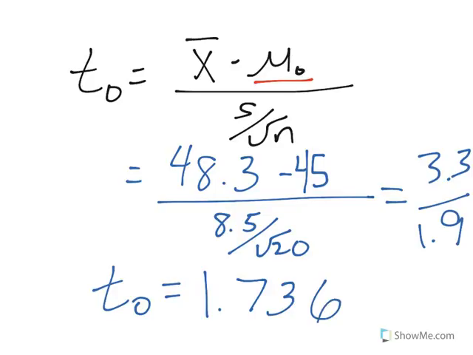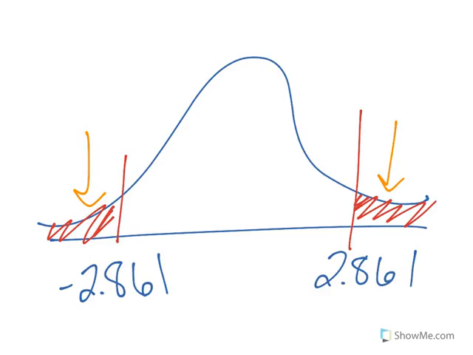So when I go back to my chart here, my test statistic falls in here at 1.736. What does that mean? That means we do not reject the null hypothesis. Do not reject.